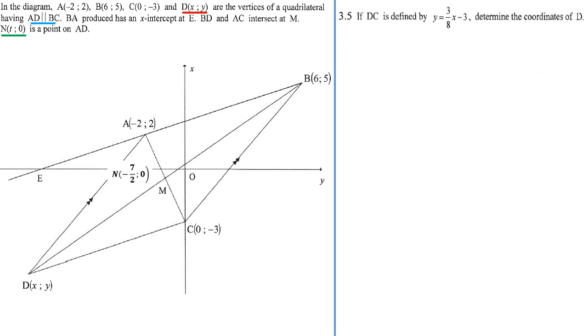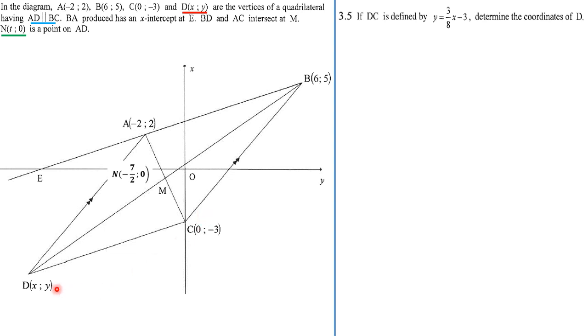3.5. If DC is defined by this equation, we already know the equation of AD, we know the equation of BC, and now we are given the equation of DC.